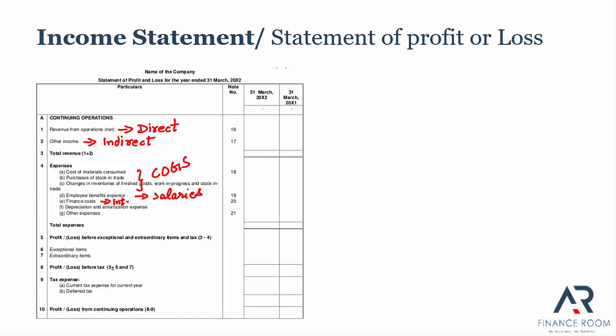Depreciation and amortization. So depreciation is basically when you have fixed assets. When you purchase fixed assets into the business, you use these fixed assets to generate revenue. Correct? Now if you are using the fixed assets to generate the revenue, then there is a principle of accounting, basically the matching principle.